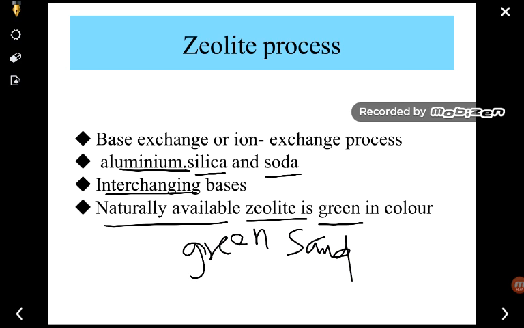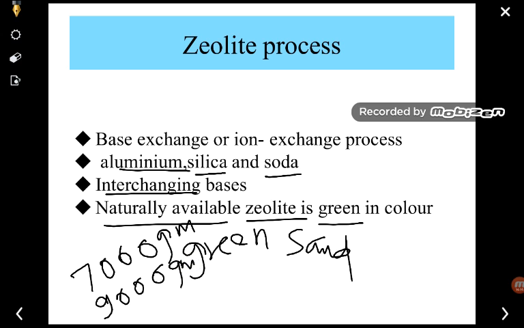The exchange value of green sand is almost 7,000 to 9,000 grams of hardness per meter cube of zeolite.